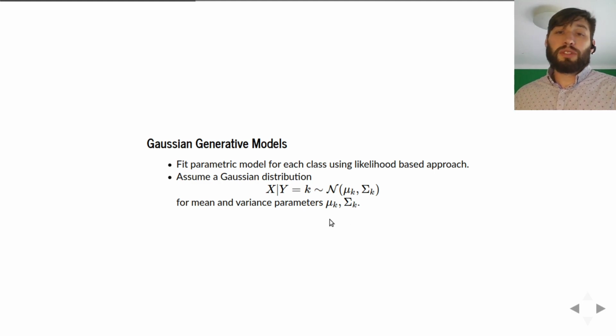The Gaussian distribution is parameterized by its mean and its variance, and these are high-dimensional objects, right? If X is p-dimensional, then its mean is a p-dimensional vector. Its covariance is a p by p matrix. And the only constraint on the covariance matrix is that it's positive semi-definite or positive definite.